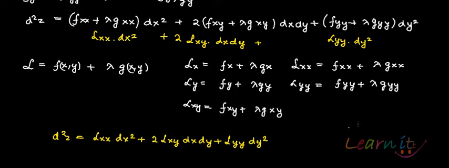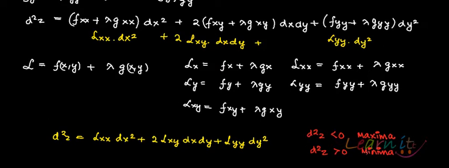Now in case d2z is less than 0, the critical point which you will get will be the point of maxima. And in case d2z is greater than 0, then the critical point which you will get will be the point of minima.